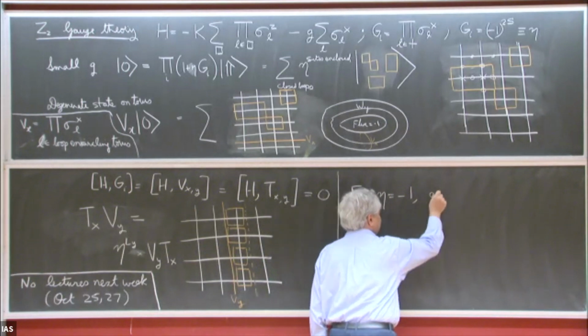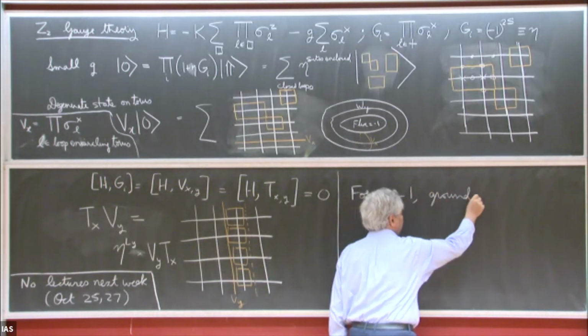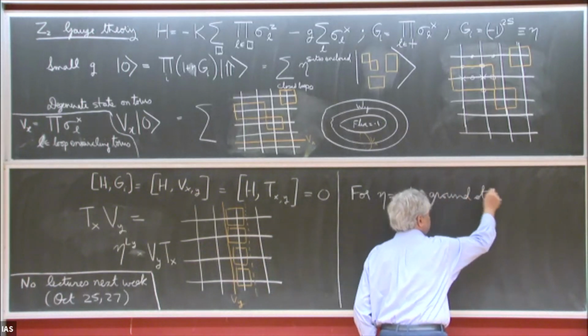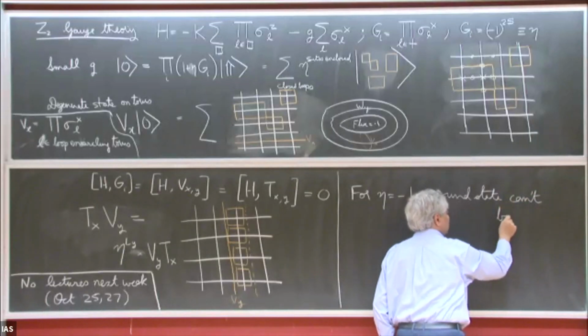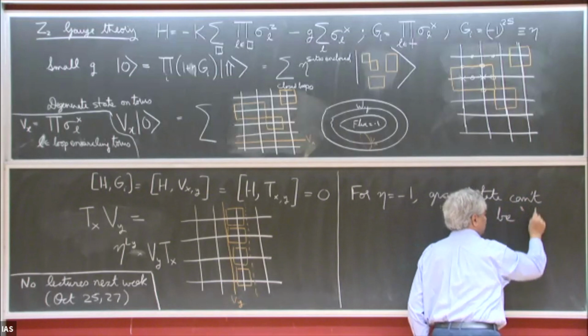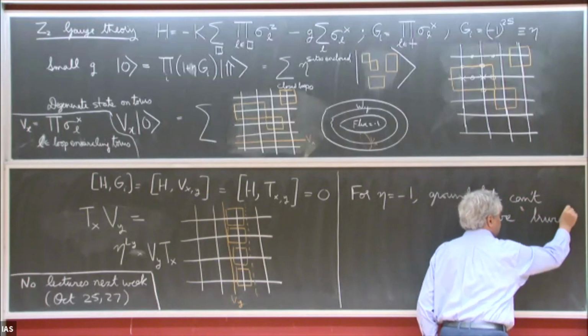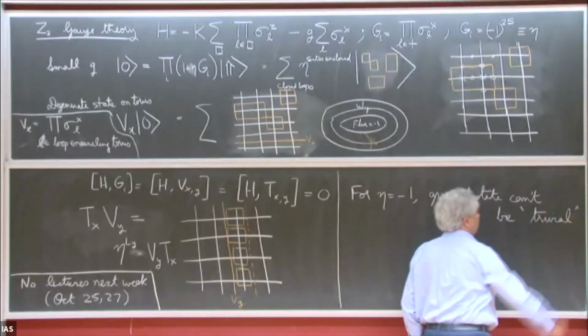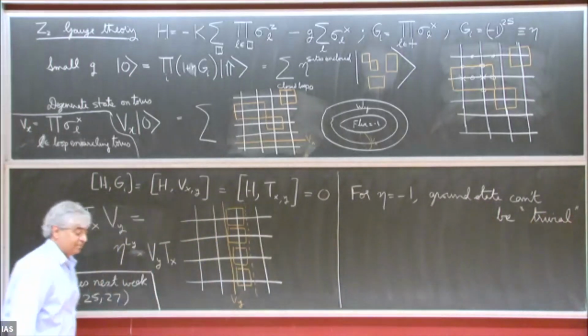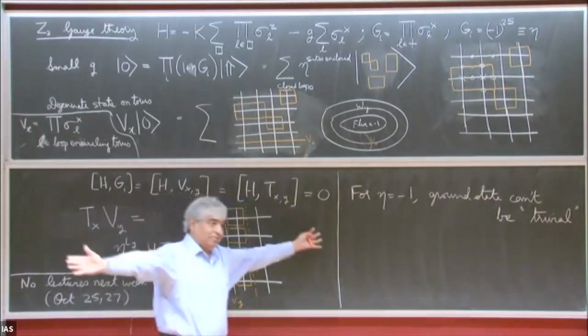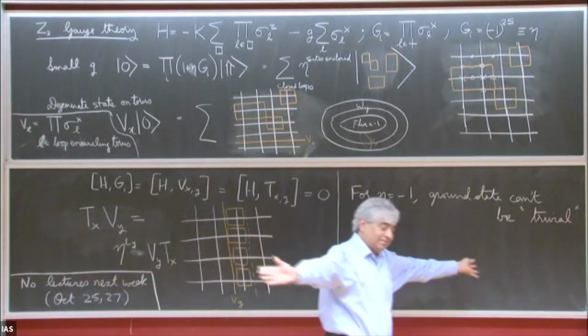the ground state can't be trivial. By trivial, I just mean some non-degenerate state which doesn't care about the geometry of the system, doesn't care how big the system is.